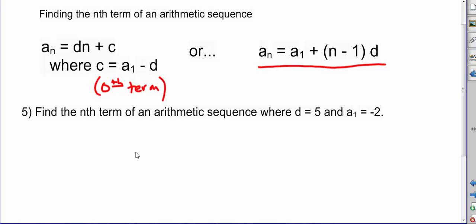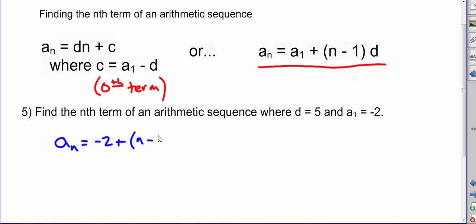Find the nth term of an arithmetic sequence where the difference d value is 5 and the initial is negative 2. So I'm going to go ahead and set it up like this. I'm going to say a sub n is equal to our a sub 1 term, which is negative 2, plus n minus 1.